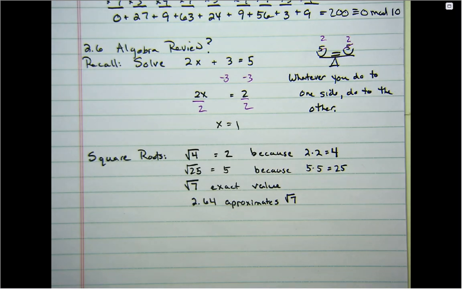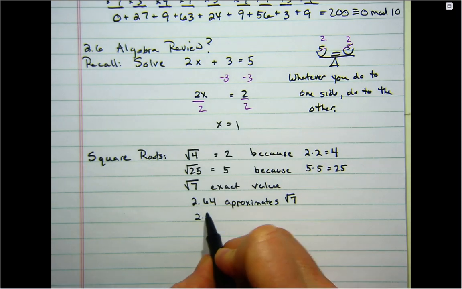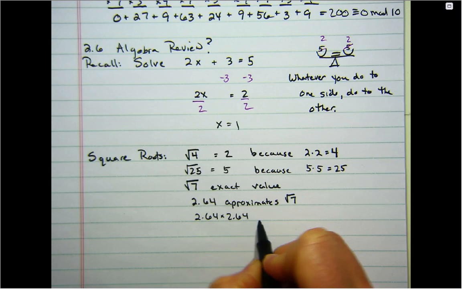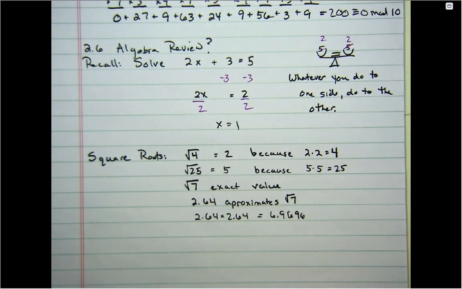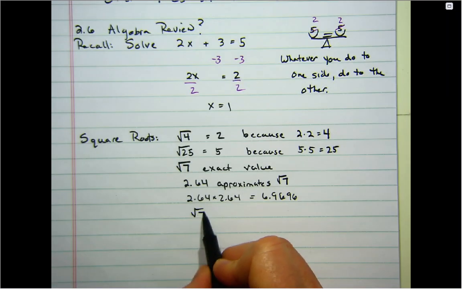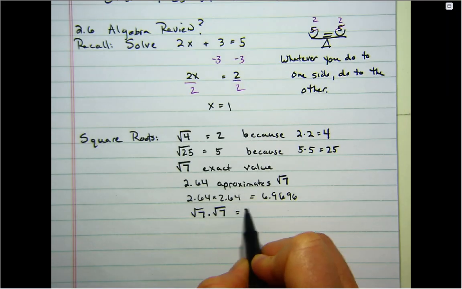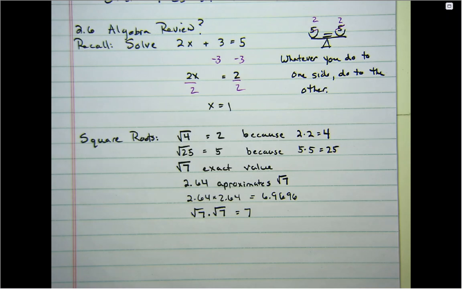That's because if you take this approximate value and multiply 2.64 times 2.64, you get 6.9696. Whereas if you take the square root of 7 times the square root of 7, you get exactly 7. So mathematicians want exact values, and so we use the square root of 7 and don't write down the 2.64.